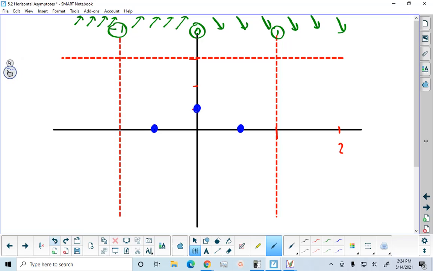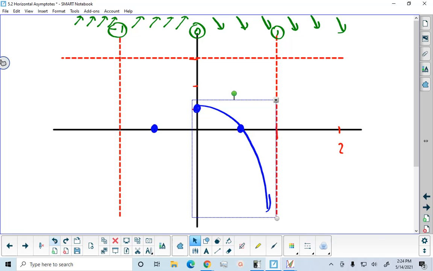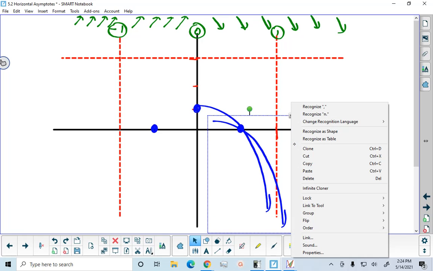I think most people get that the graph in between is going to look like the following.